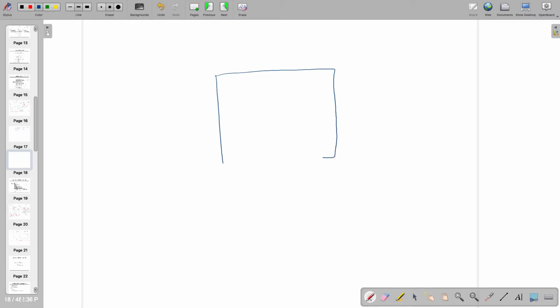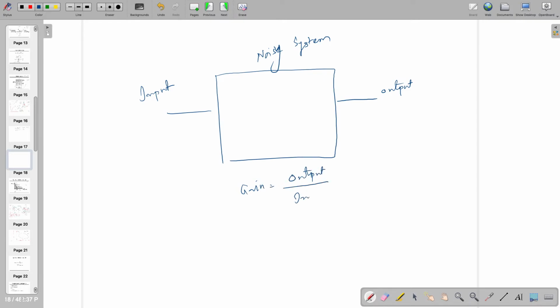This kind of noise, if you have a noisy system, where this is the output and this is the input, and the gain is already known to you, so if you can find the noise at the output, that noise is known as output noise.